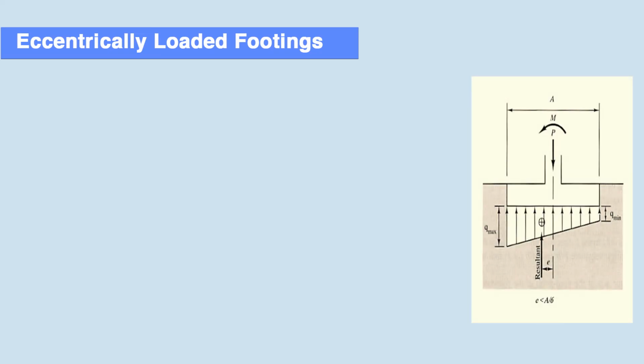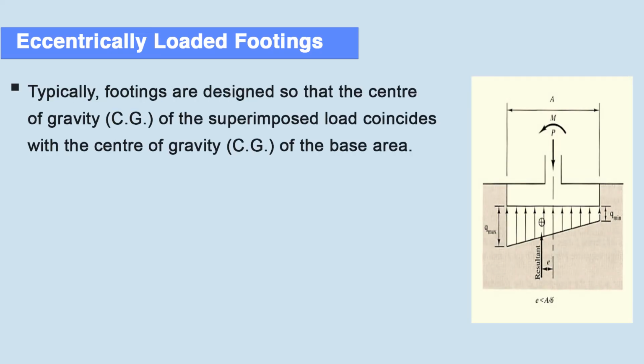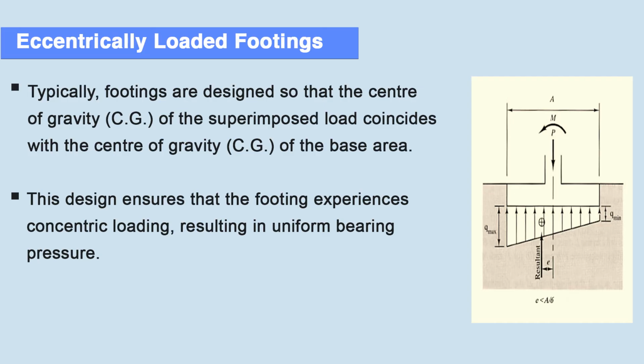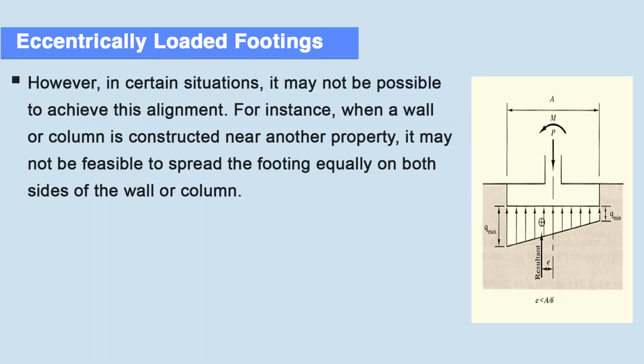Next is eccentrically loaded footings. Typically, footings are designed so that the center of gravity of the superimposed load coincides with the center of gravity of the base area. This design ensures that the footing experiences concentric loading, resulting in uniform bearing pressures. However, in certain situations, it may not be possible to achieve this alignment.